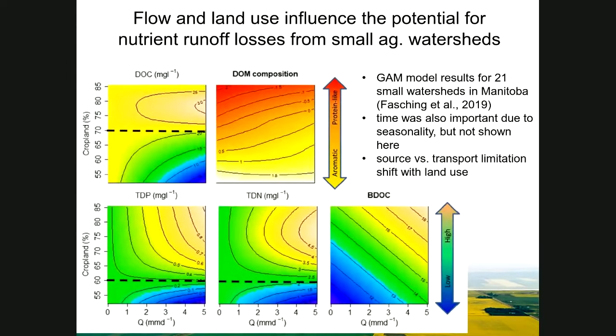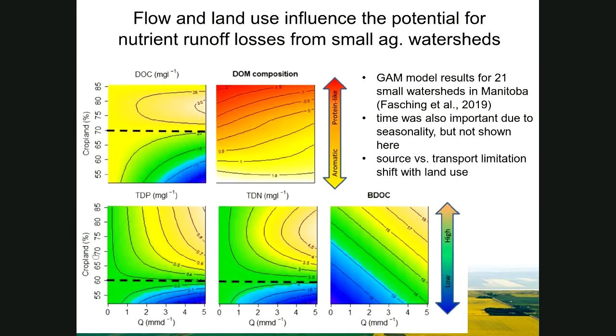So what's shown here are the land use and flow rate effects, both of which are important and significant in these models. And so the contours on each plot indicate concentrations predicted by the models, and the x-axis indicates flow rate, the y-axis the percent of the watershed area as cropland.